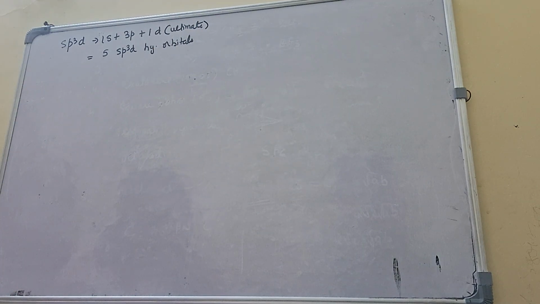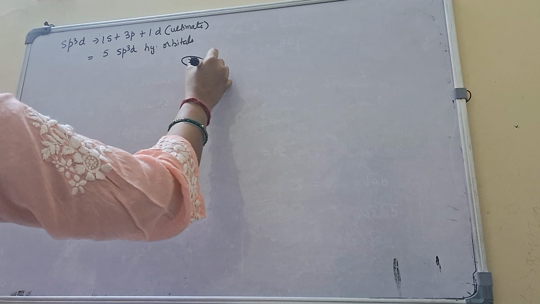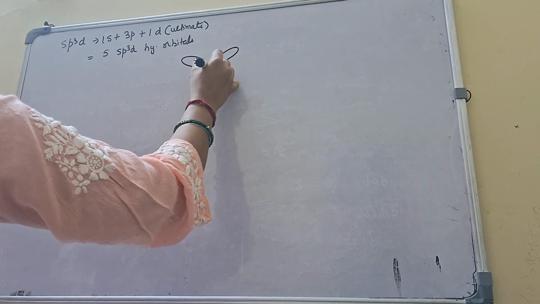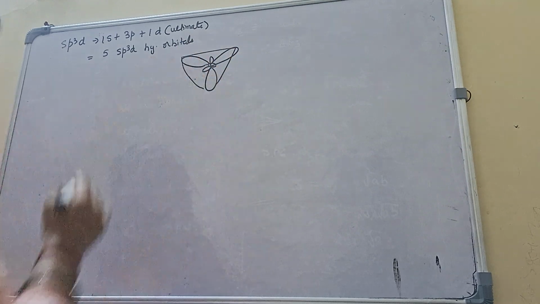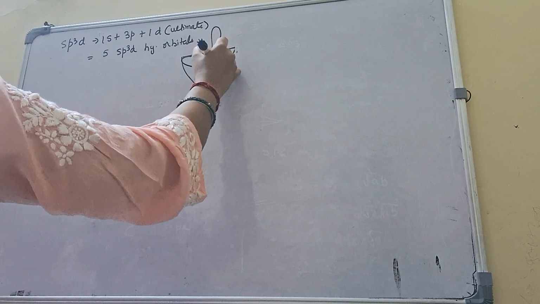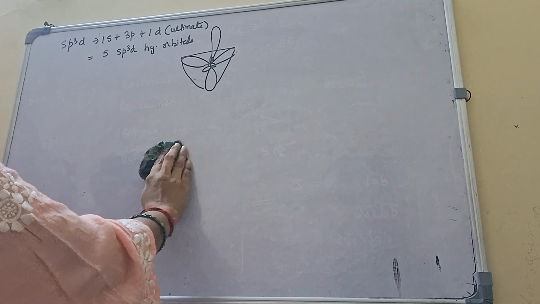Alright, now how are these orbitals directed? 3 of them are directed along the equatorial plane, like this, and 2 of them will be like this. Now I don't know how to show this, it's a little tricky.